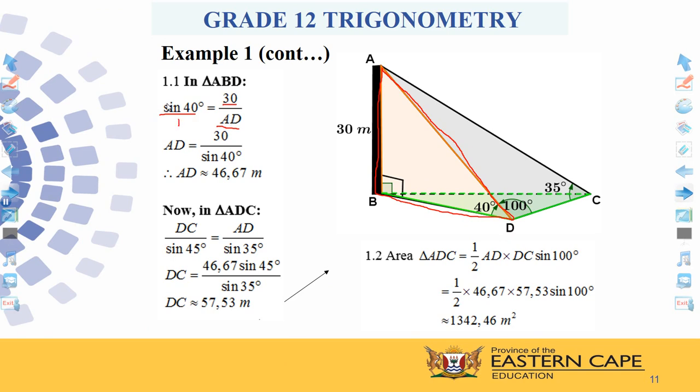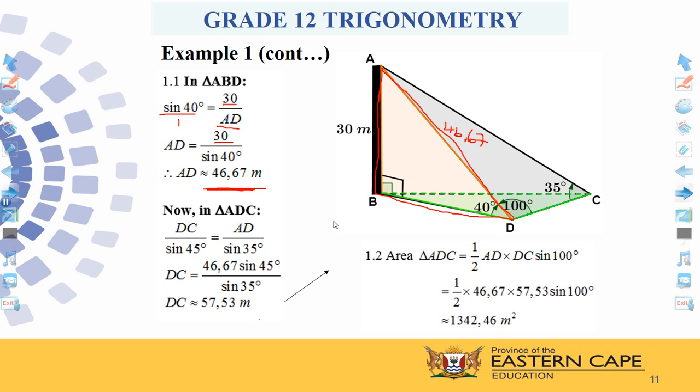AD will be 30 divided by sine 40, and the answer is approximately 46.67 meters.